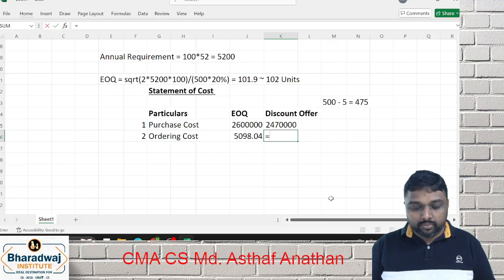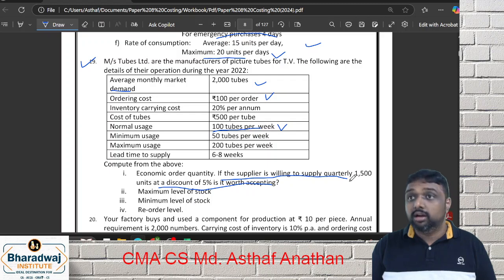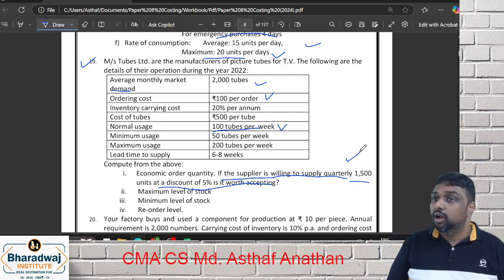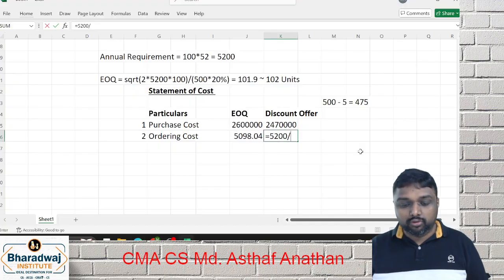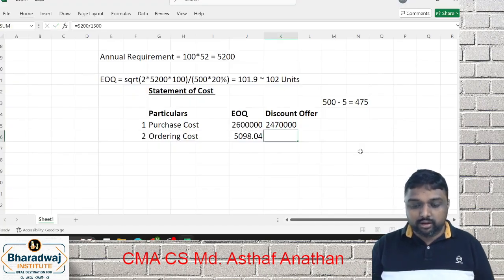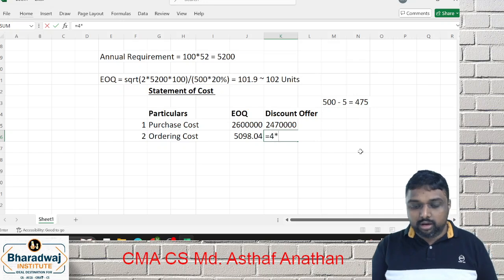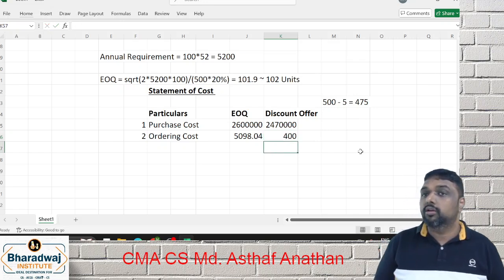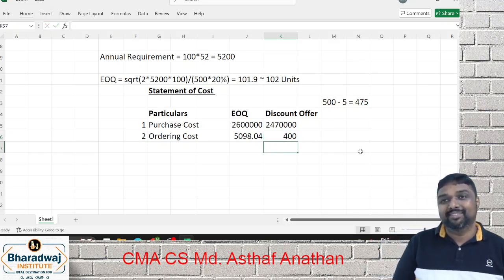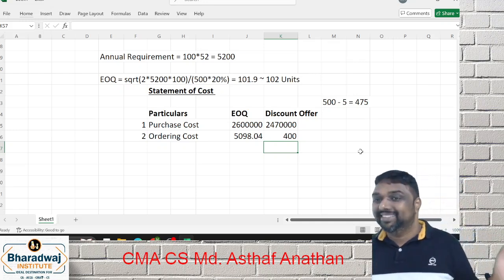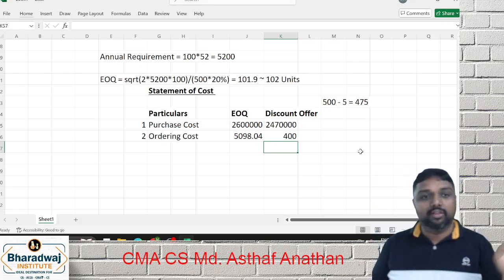And here we want to order at least 1,500. They said quarterly, so we don't want this. If you go here with 1,500, you will get 3.4. But they said quarterly, so directly you can go with 4 into 100. Because specifically they said quarterly, the excess will be stock.